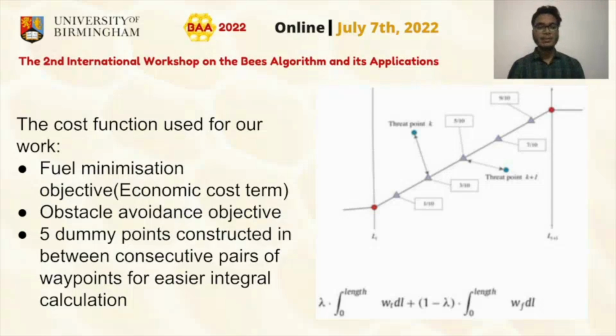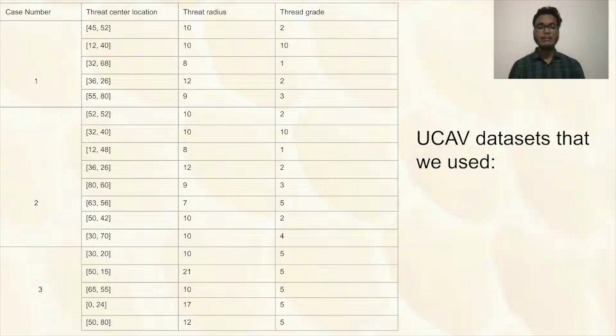Here you can see the table where we have used namely three types of parameters, which are threat centers, threat radius, and threat grade. So these parameters were used to compare our two-parameter version Bees with all the other evolutionary algorithms.